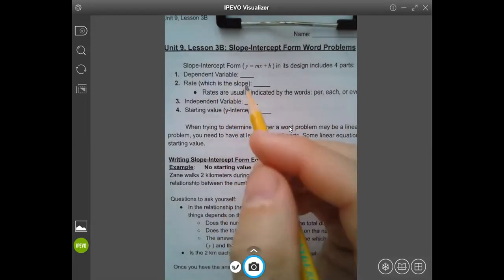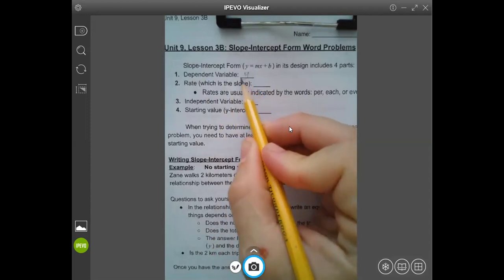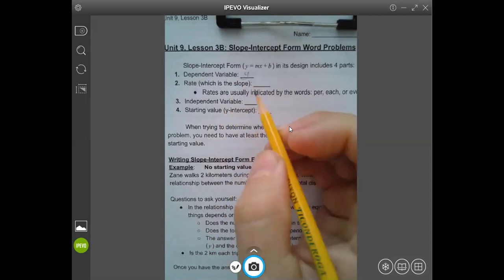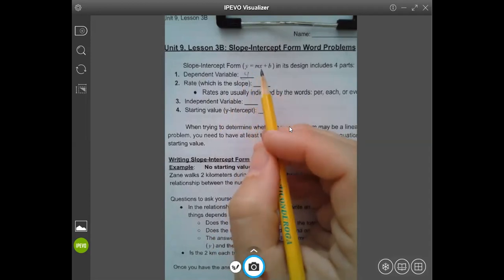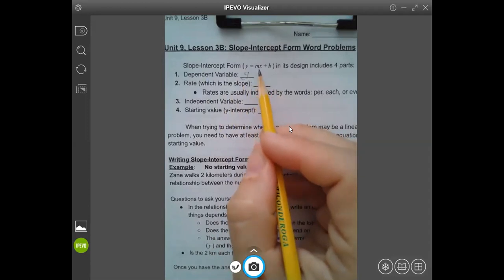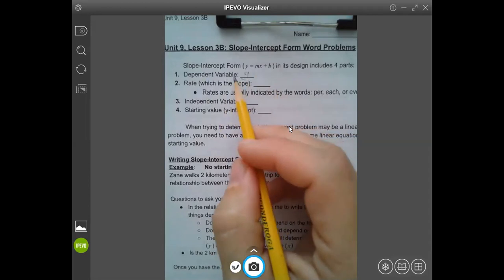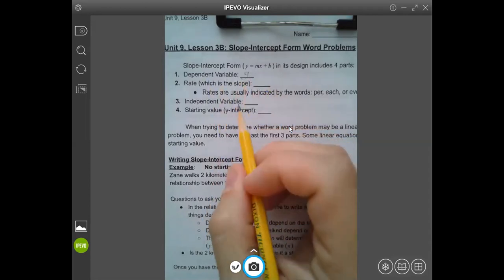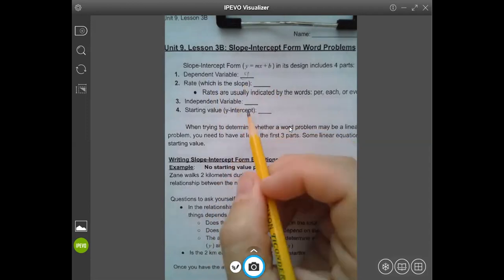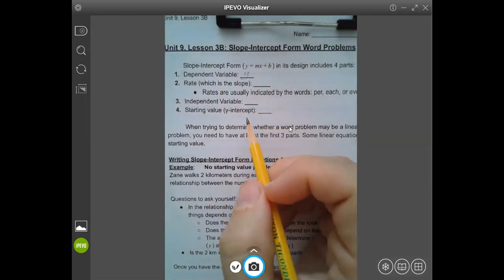And the dependent variable, if you recall, was always the y, right? What happened with y depended on what x was in most situations. And that's certainly the case here: if we plug in some values for x, we're going to multiply it by m and then add b, and then it tells us what y is. So y depends on what x is. So y is our dependent variable. So when we're looking at word problems, we need to figure out what depends on the other thing in the situation that they're giving us.